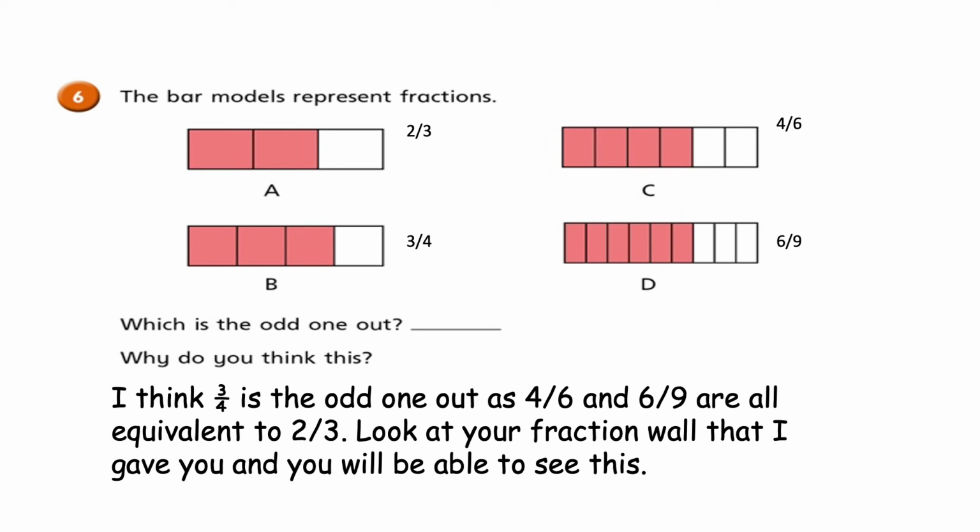Have a look on your fraction wall to see that. And you will be able to see that the denominators 3, 6, 9 are in the 3 times table, but 4 is not.